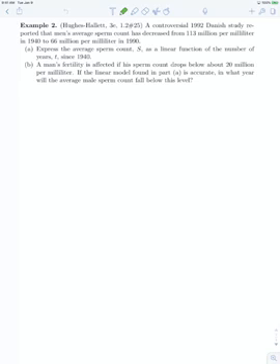Okay. A controversial 1992 Danish study reported that men's average sperm count has decreased from 113 million per milliliter in 1940 to 66 million per milliliter in 1990. Express the sperm count S as a linear function of the number of years T since 1940.